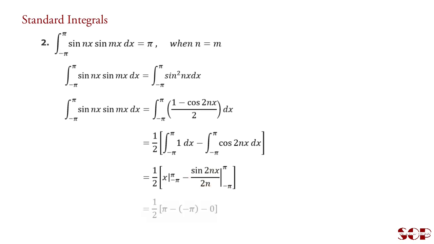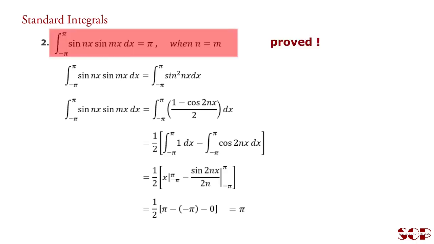Putting the limits, we get 1 half into the bracket pi minus minus pi, and the value of the sine terms is 0, and that is why the integral equals pi. This is the value of the given standard integral.